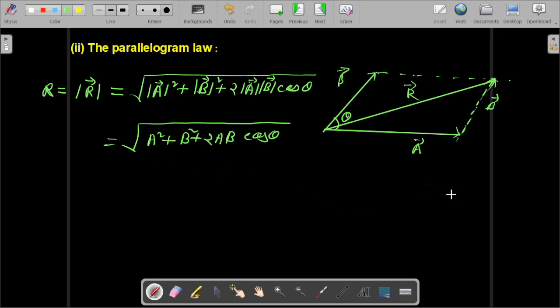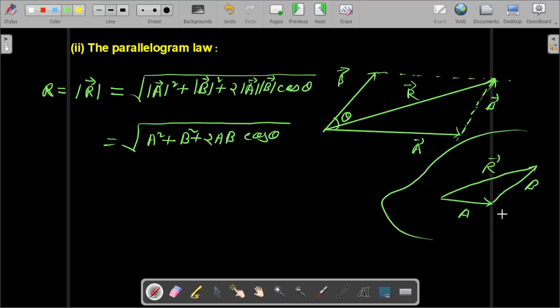Means in the triangle law, you get this. If this is the A vector, this is the B vector, you get the resultant vector in this way.